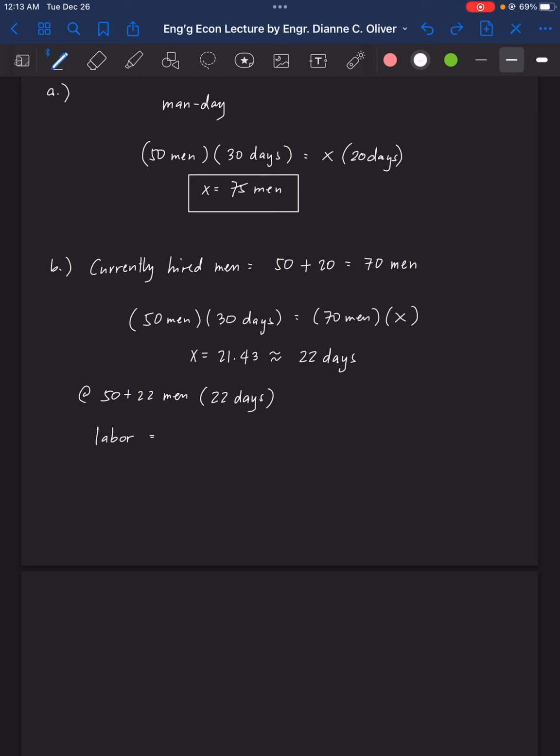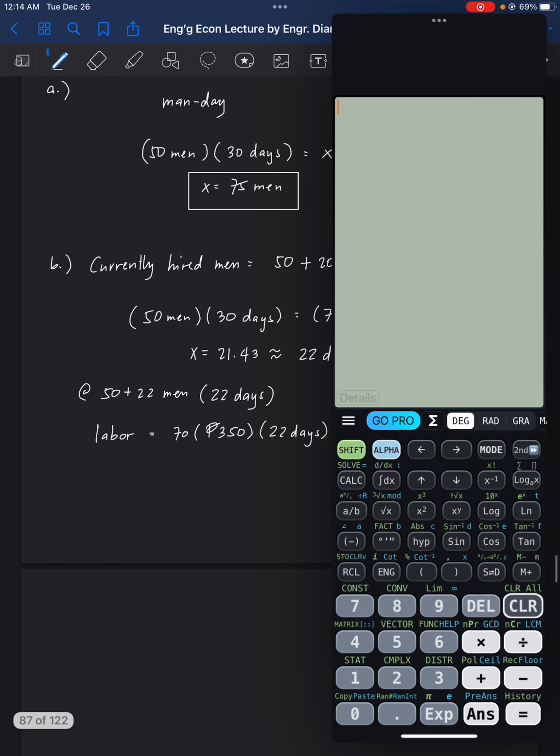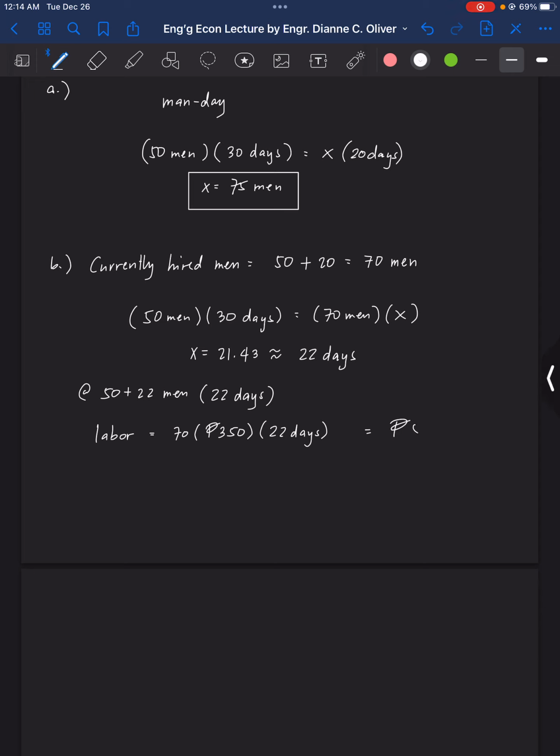So 70 men will be paid how much? That is 350 for 22 days. So how much is that? 70 times 350 times 22 is 539,000 pesos. Then for the penalty, of course it will have a penalty because it exceeds the 20 days period in the contract.